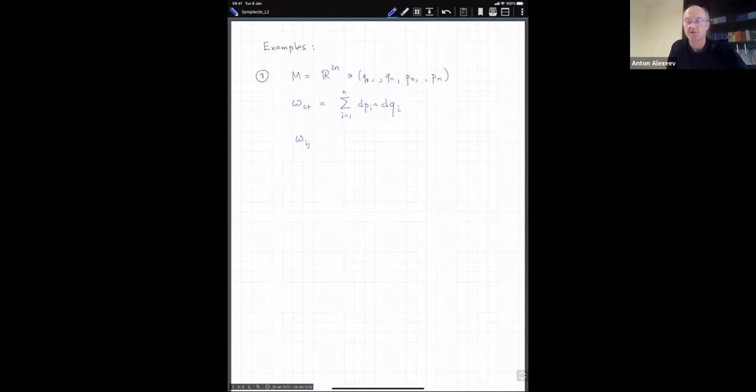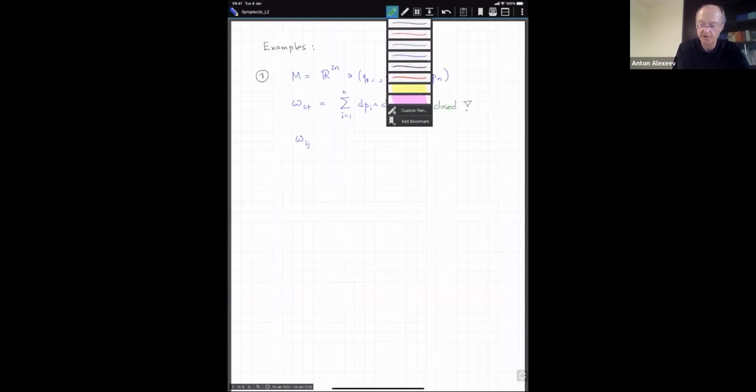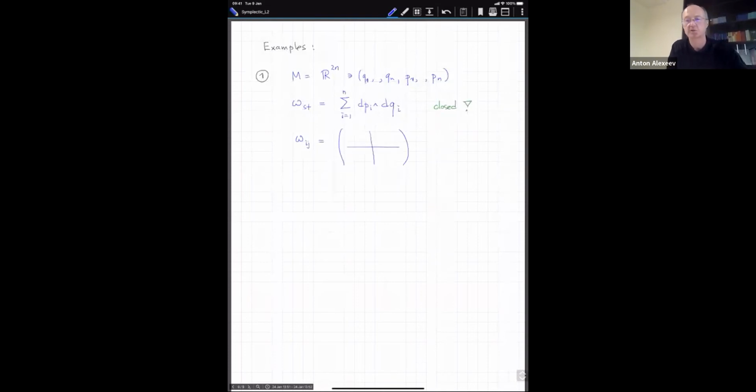It is obvious that this two form is closed. That's because it consists of wedge products of closed one forms. If you write the corresponding matrix, we can write it in block form. The blocks are n by n, and here would be 0, 0, and if I'm not mistaken, the unit matrix and minus the unit matrix. This is the ordering of coordinates, first q's and then p's.